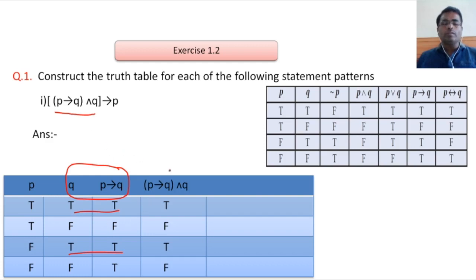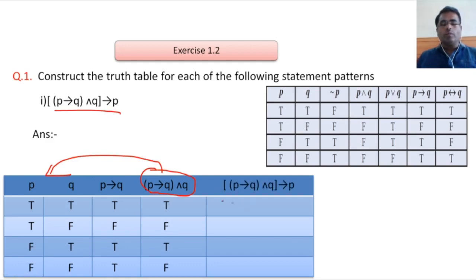And now we have to consider the total statement, that is, P implies Q and Q, and that implies the first statement. So let us see what happens. We know that if the first is true and the second is false, the result is false. Now this is your first statement and P is your second statement.